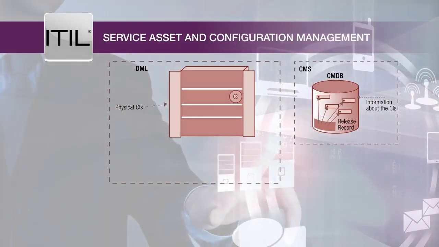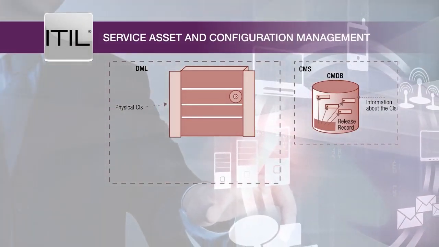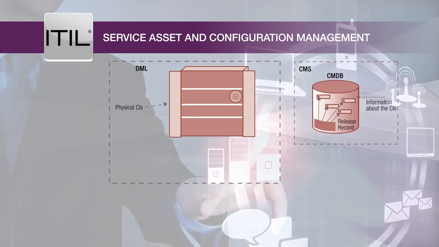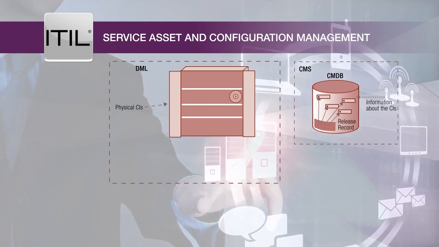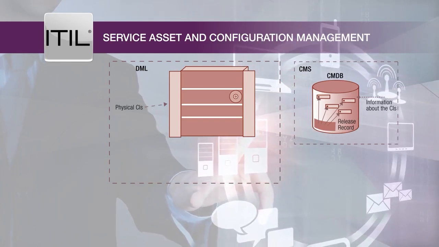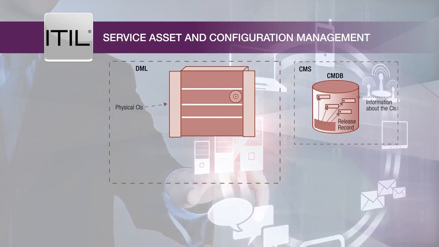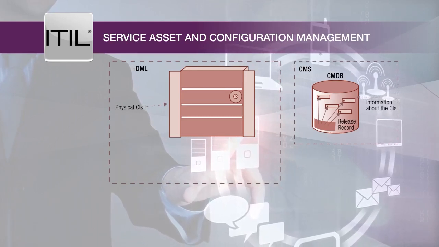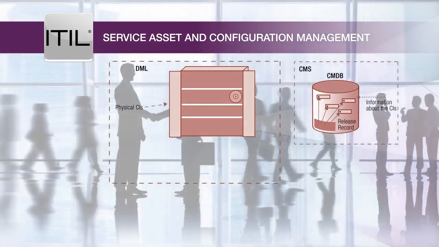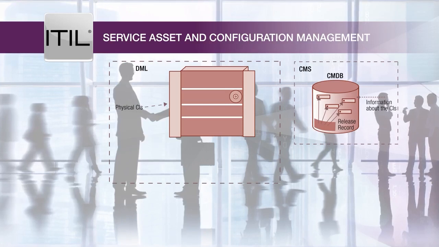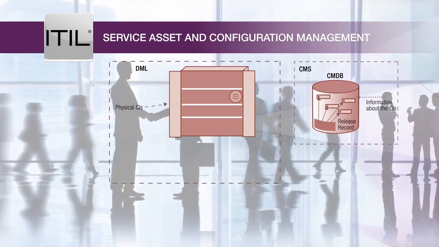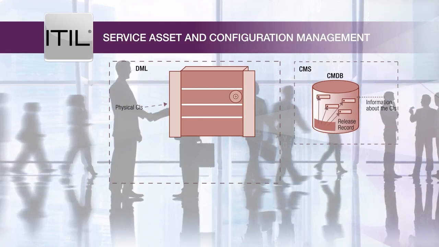To manage large and complex IT services and infrastructures, service asset and configuration management requires the use of a supporting system known as the Configuration Management System, or CMS. The Configuration Management System holds all the information about configuration items within the designated scope of the IT service provider. Changes to every configuration item must be authorized by change management, and all updates must include updates to the relevant configuration records.